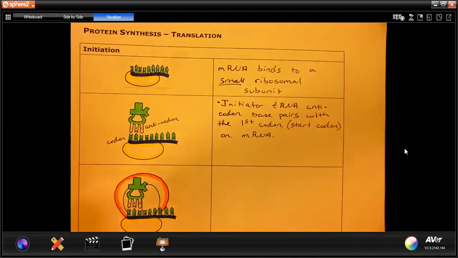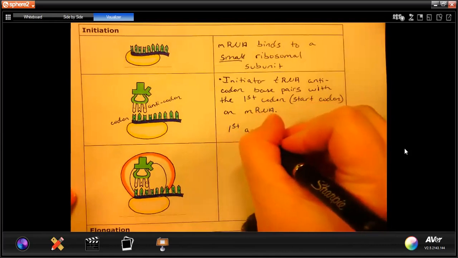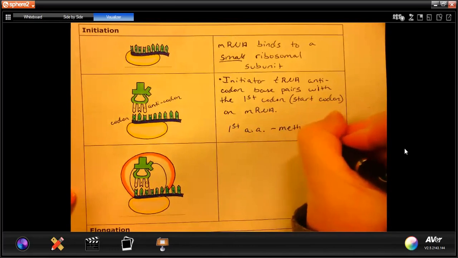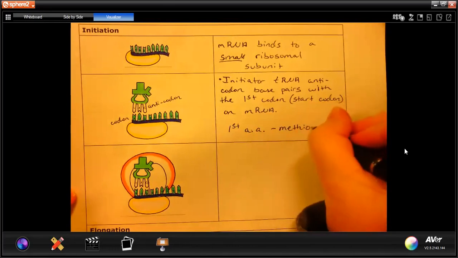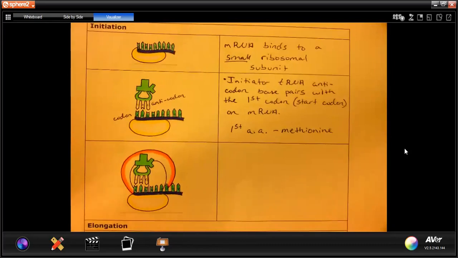That's what happens. As I've stated, the first amino acid, which I'm just going to abbreviate AA for amino acid, is methionine. Perfect. So that initiator tRNA binds.